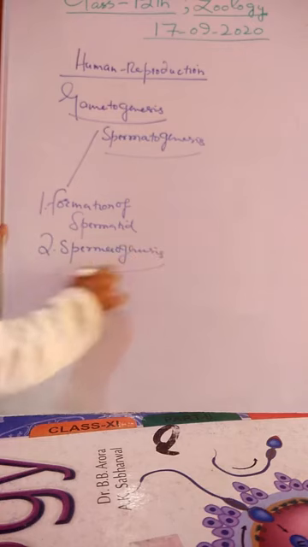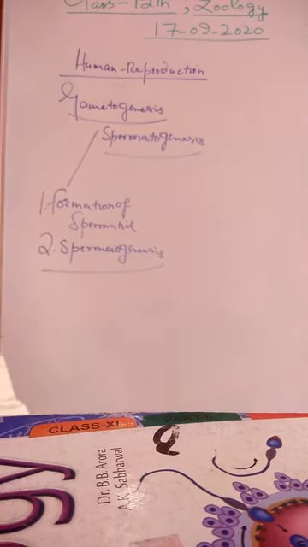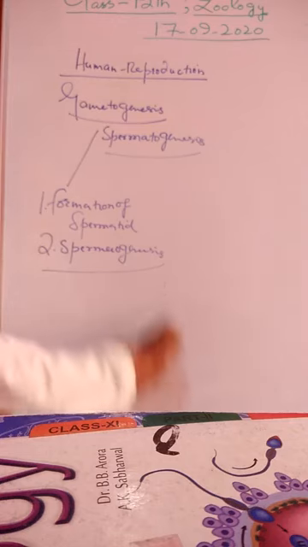These are the two phases by which sperms or spermatozoa are formed. Formation of spermatid takes place during the mitotic and multiplicative phase, growth phase, and maturation or meiotic phase, and spermiogenesis forms the sperms which are haploid in nature.